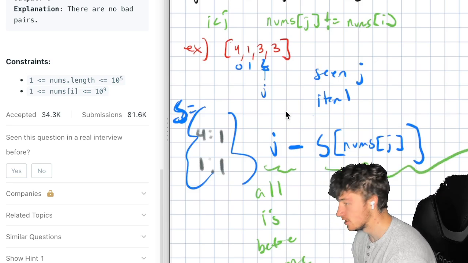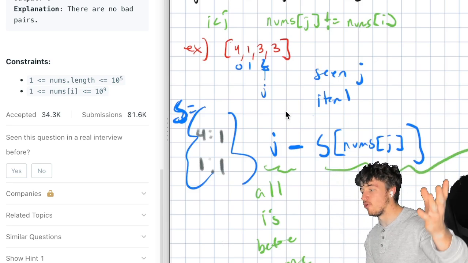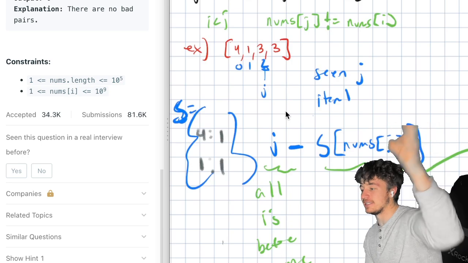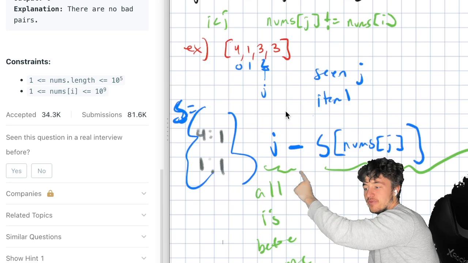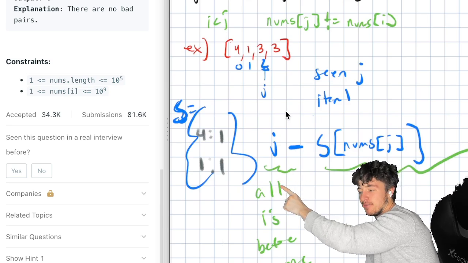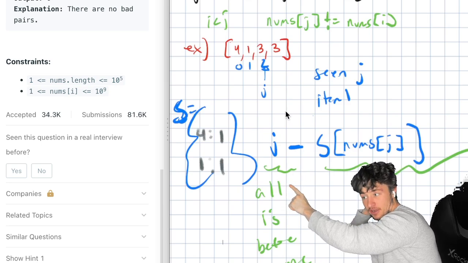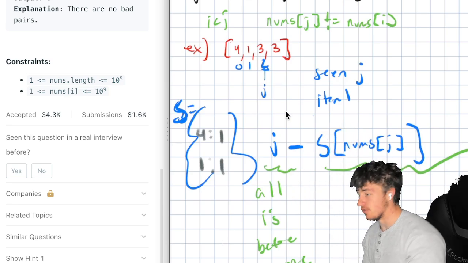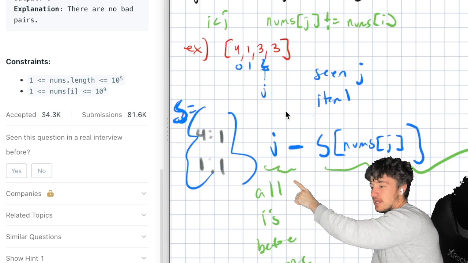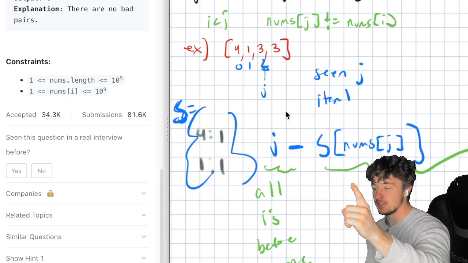And of all the i's before me, I only want to account for the ones that don't equal me, right? So it's like reversed. I get all the i's that are before me, and the only ones that I'm going to account for that aren't equal to me, well, I want to subtract the ones that are equal to me because it doesn't meet the condition, right? So this is all of the i's before me. This is all the i's before me that equal me.